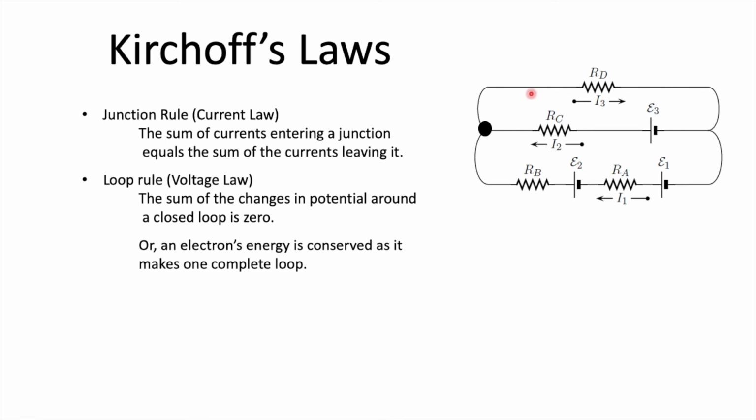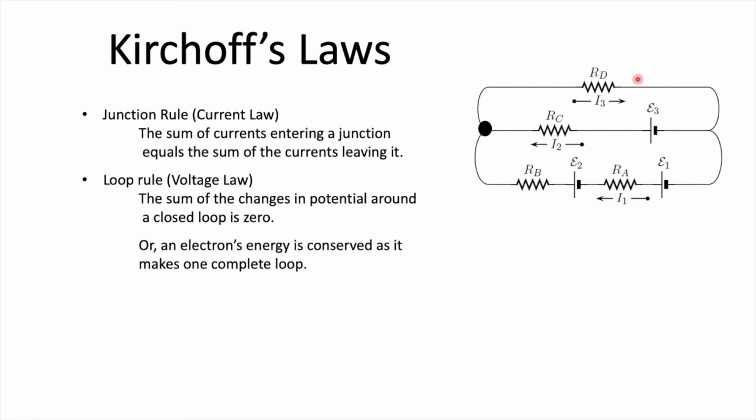So here the test charge goes through RD, the resistor here, and what is the potential change of this test charge as it passes through the resistor? For this resistor, the current direction I3 is to the right, so that means your current always flows from high potential to low potential.